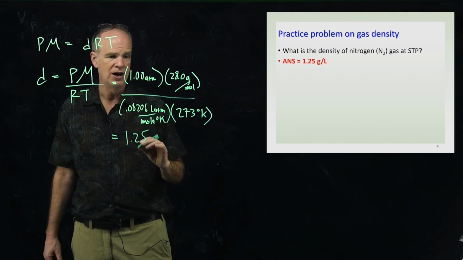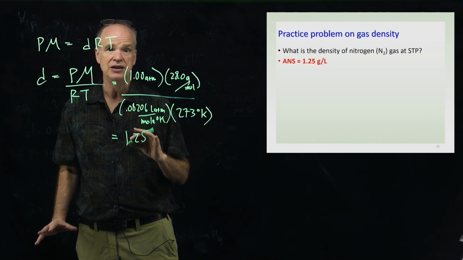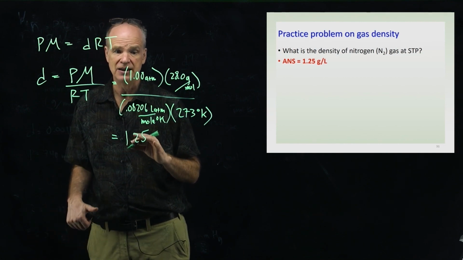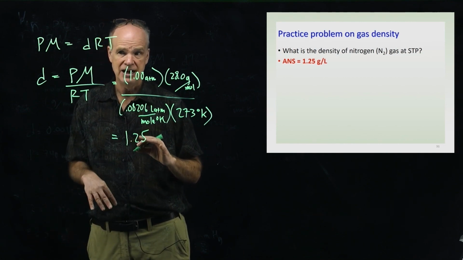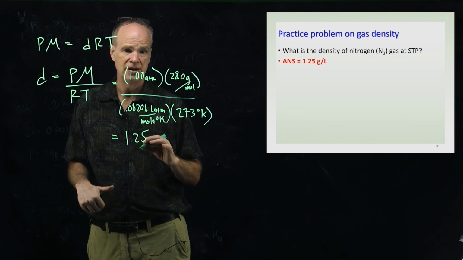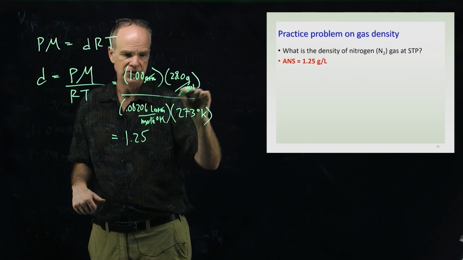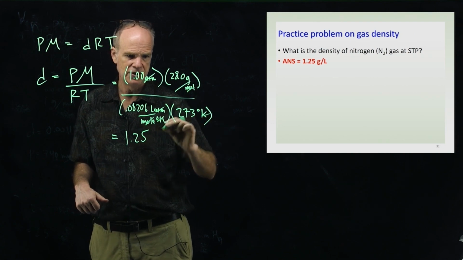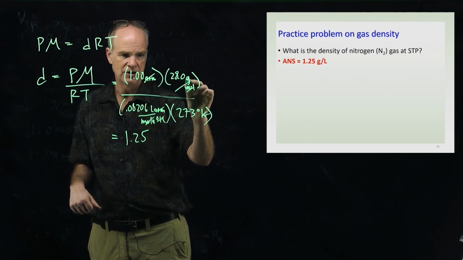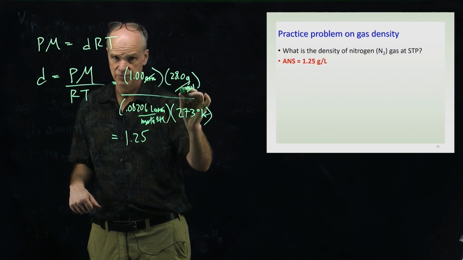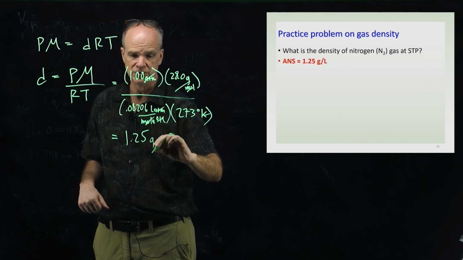And it's not a bad idea to see if the units cancel in such a way that leaves us an answer in the units that we want, which is grams per liter. So atmospheres cancels here, moles cancels here, temperature cancels here. So it looks like we're good so far. So we have grams left in the numerator, liters in the denominator, so it's in grams per liter.